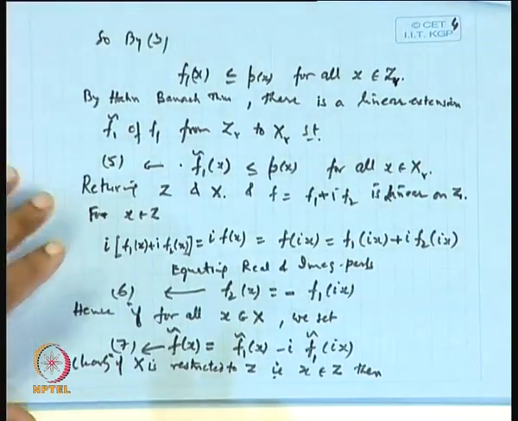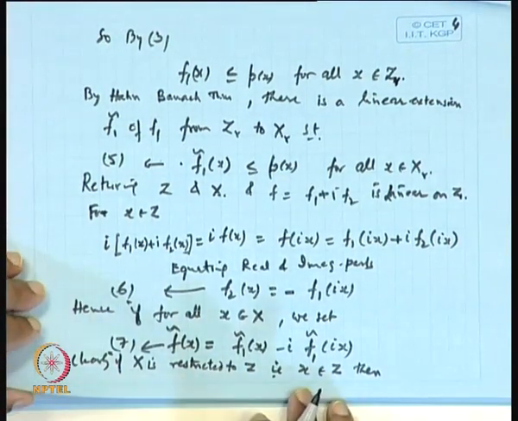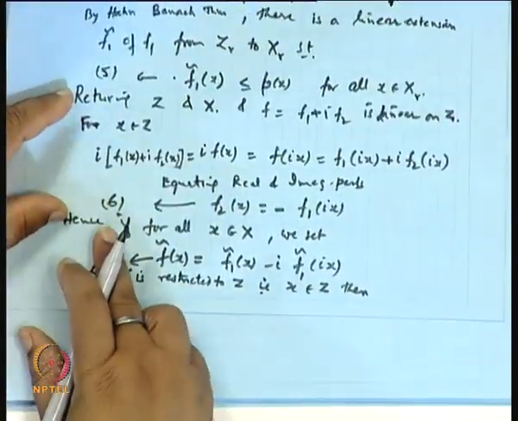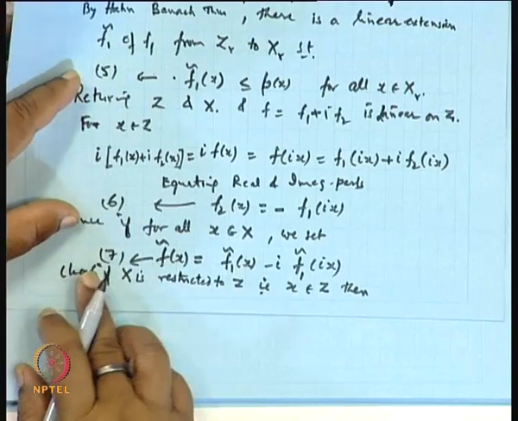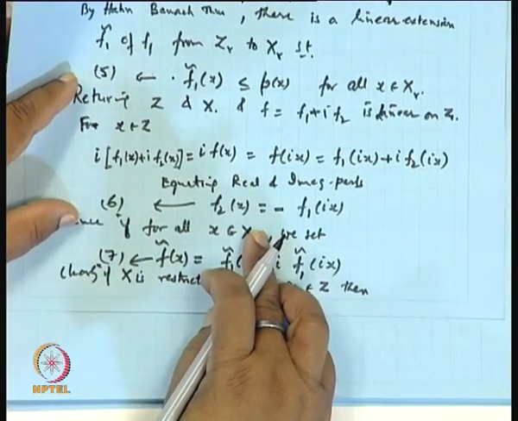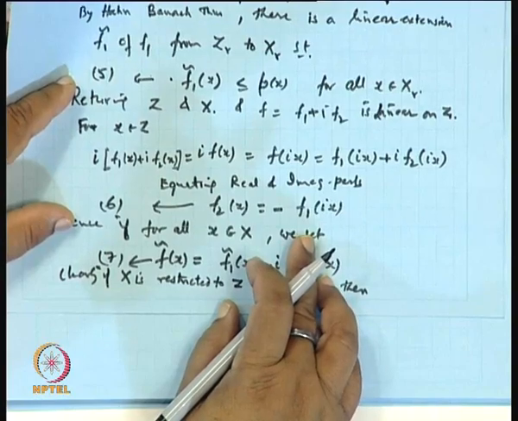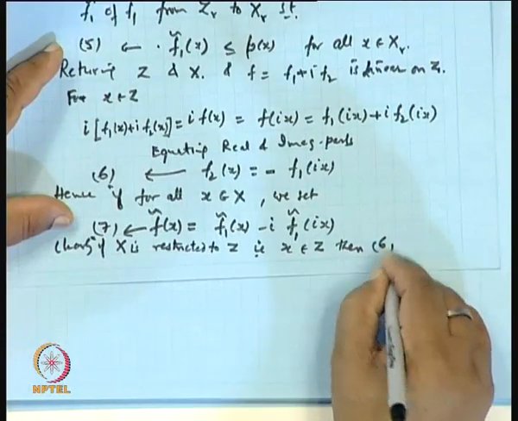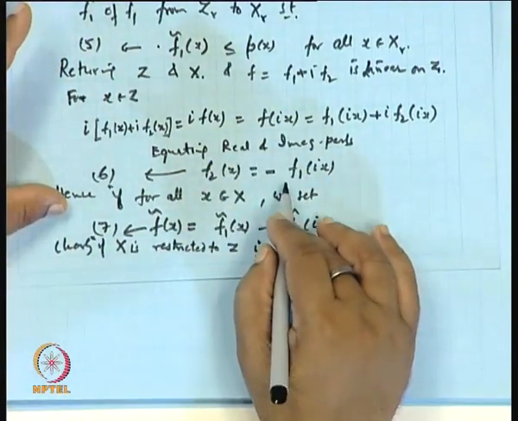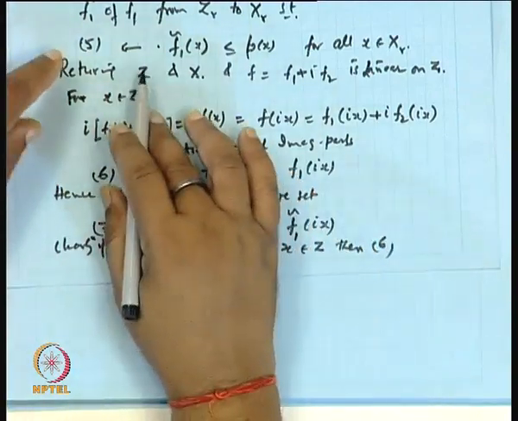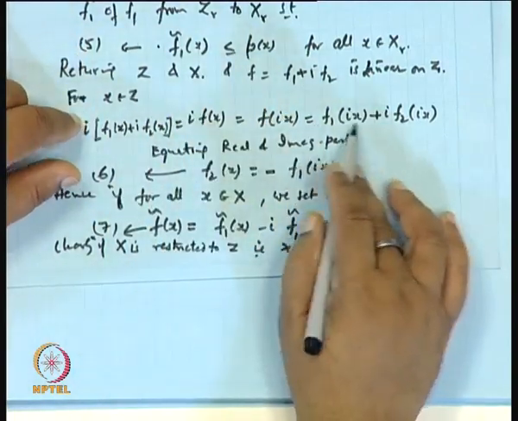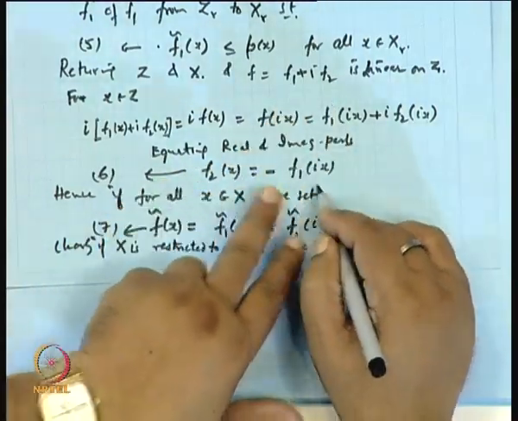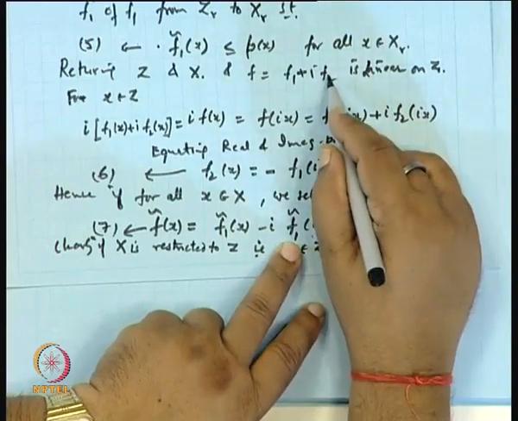Now, we use it. Okay. So, if x is restricted to Z, that is, if I take x in Z, then from the sixth we can see that f2(x) is nothing but minus f1(ix), that is, f delta(x) is f(x) on Z. So, then 6 will give, because f2(x) is minus f1(ix) and f1(x) is also there. So, f(x), which is equal to f1 plus i f2, we can write f2 in place of this.